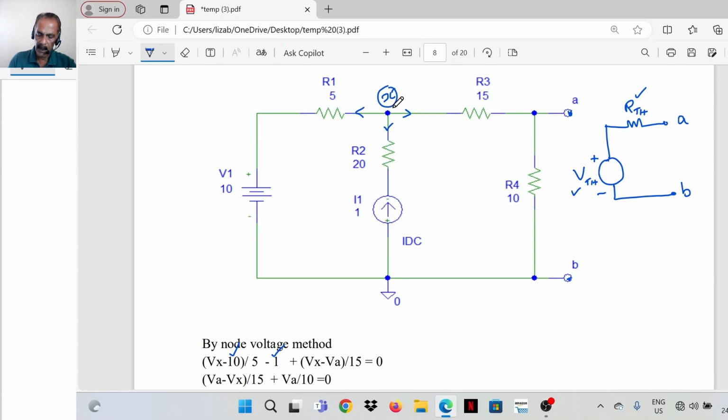Then from node X to node A, this is node A only, Vx minus Va divided by 15. Likewise, we can take the sum of outgoing currents at node A also equal to 0. So the current through R3 is Va minus Vx divided by 15. Then the current through R4 is Va minus 0 divided by 10. Solve for Va.